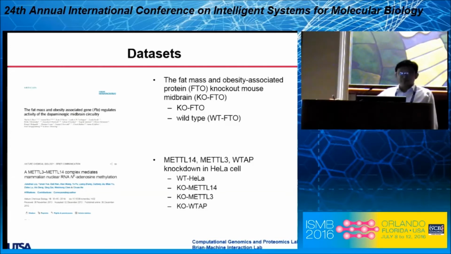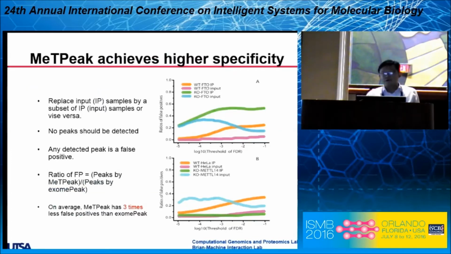And then the MeRIP-seq samples are measured in all these five or six cases. So what we did here is, we take, for example, FTO MeRIP-seq data, and we swap part of the IP samples with the input samples. So essentially, after this swapping, we should not really see any differences between IP and the input.